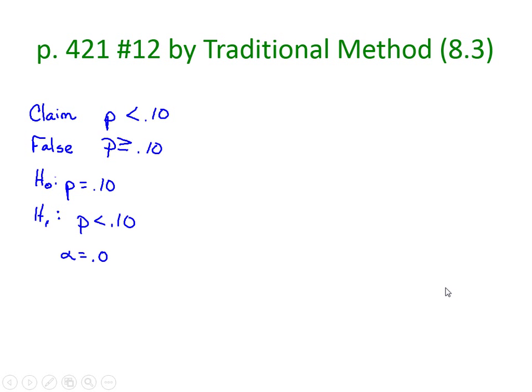Now, I want to point out one other thing first. Notice all of this stuff happens before I find my test statistic. Honestly, all of this should happen before you even do the research. You should not go out, take a sample, and then come back and figure out what you want to claim to be true.